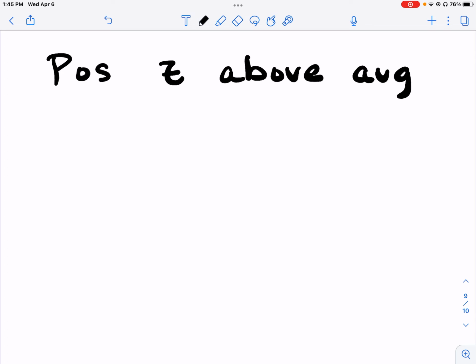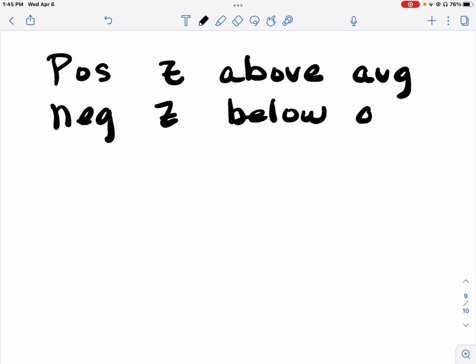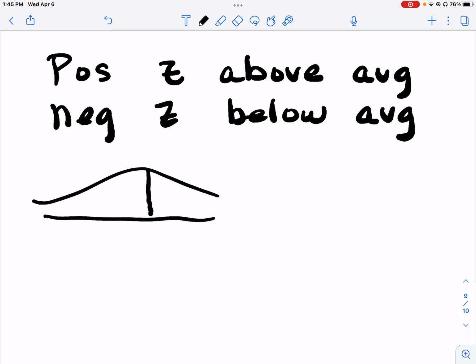Also, positive z-scores is when something's above average. Negative z-scores are when something's below average. Okay, so 0 for z is exactly average there in the middle.